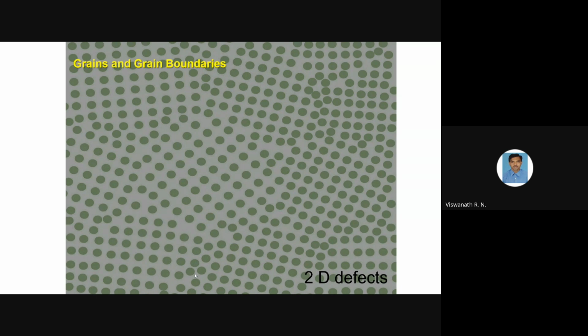It is not a perfect single crystal. A perfect single crystal should not create any boundary. Throughout the medium there should be a single orientation of the atomic arrangement. Then we can say it is a good quality single crystal. But normally most materials we see are polycrystals consisting of grains and grain boundaries.